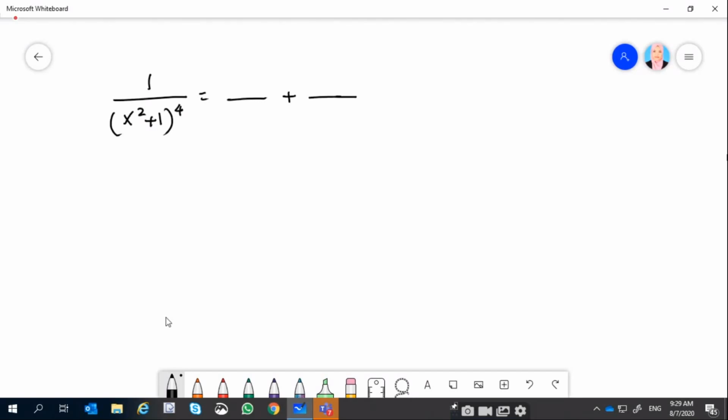You will have 8 constants, because for each denominator there are already 2 constants. You have As plus B, then Cs plus D, and so on.